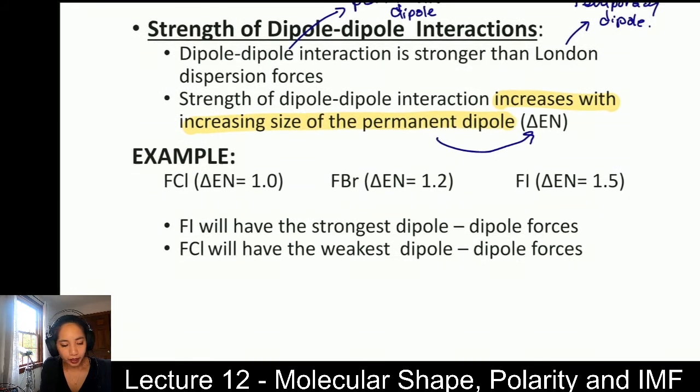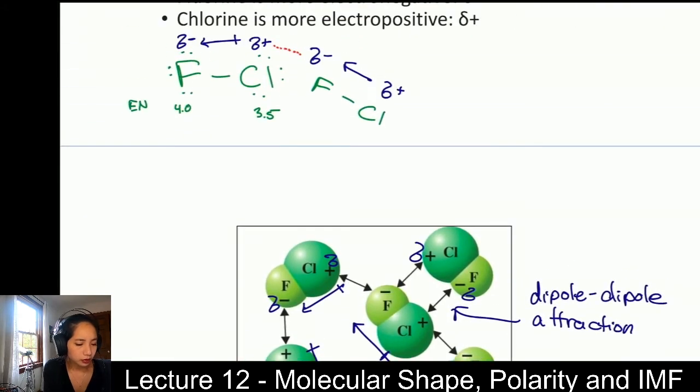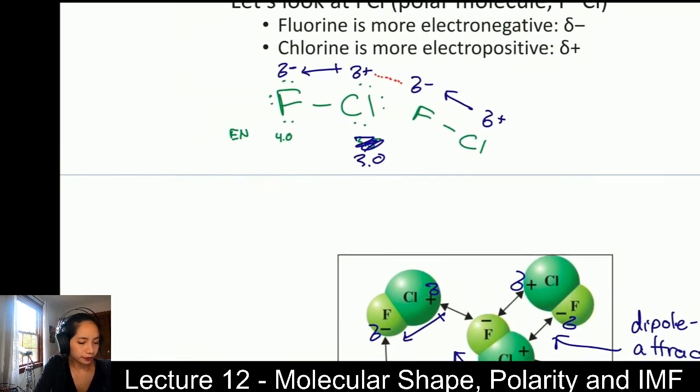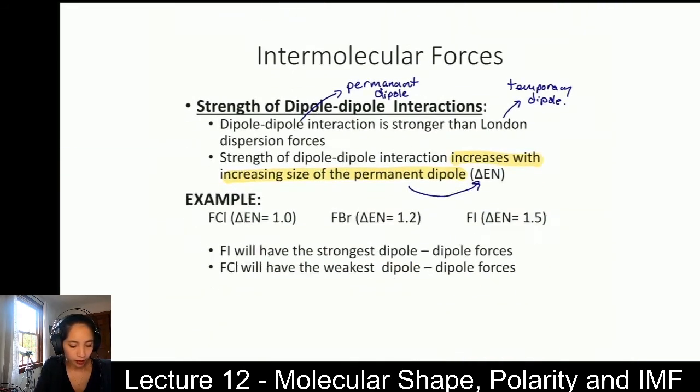So here's an example, our fluorine monochloride example. Oh, did I get that wrong? Whoops. So it should be 3.0. Is that right? Okay. 3.0. All right.